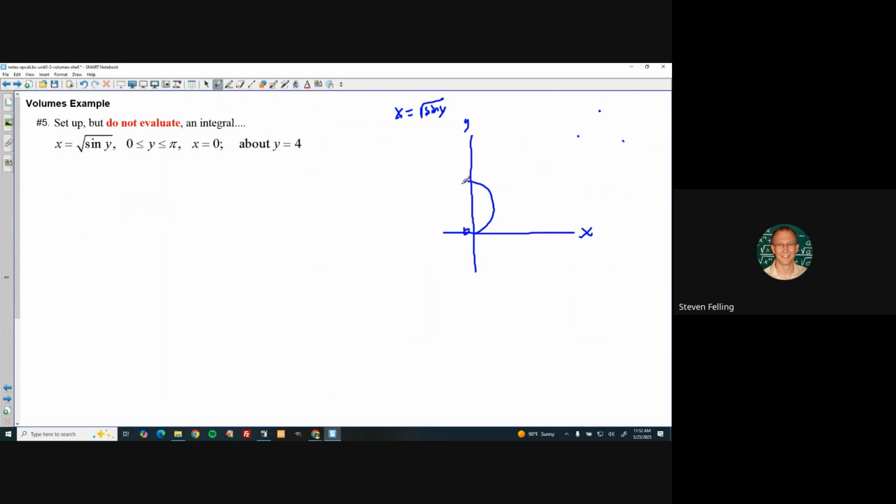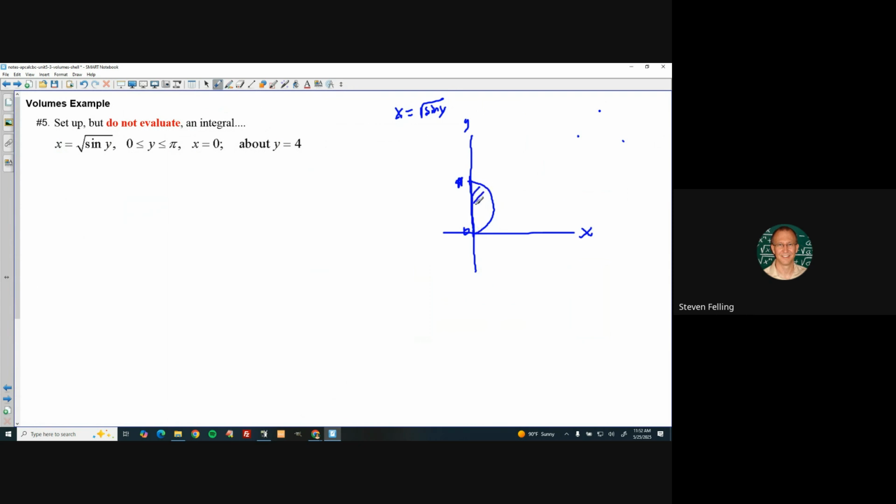This would be 0 and this would be pi. Right? Because if you put pi in there, sine of pi is 0. So x is 0 when y is 0, and x is 0 when y is pi. So this is what we've got here. And then we're taking the area from the other axis, where x is 0, which is the y-axis.